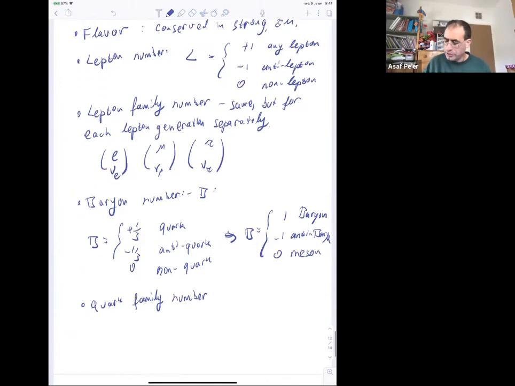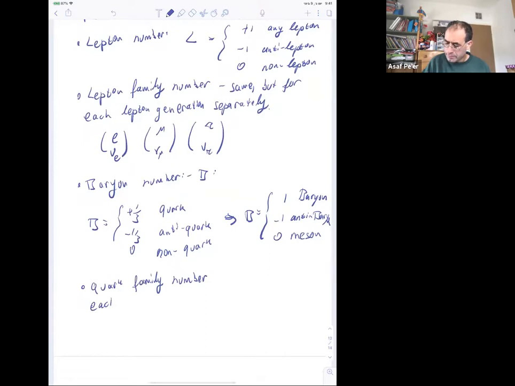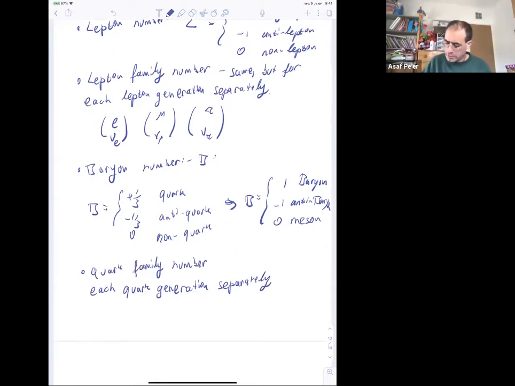Again, each quark generation separately: up and down, charm and strange, top and bottom. Each one is being conserved separately.